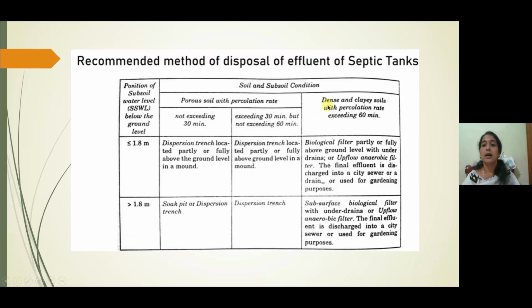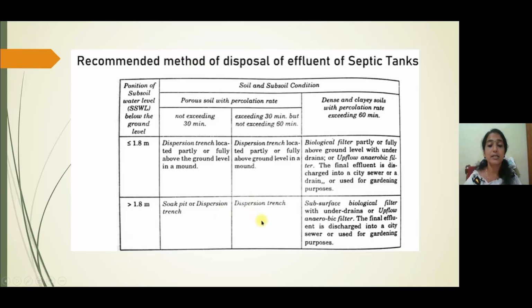For dense and clayey soils with a percolation rate exceeding that, that is less porous soil, then we can accept biological filters. If the groundwater table is greater than 1.8 meter, then soak pits or dispersion trench can be accepted.